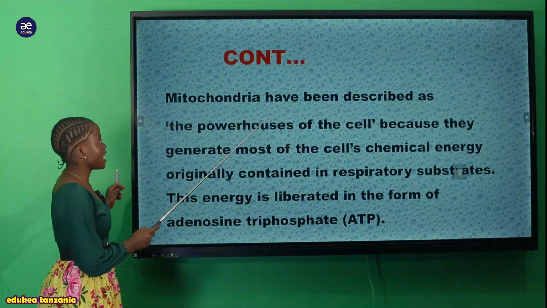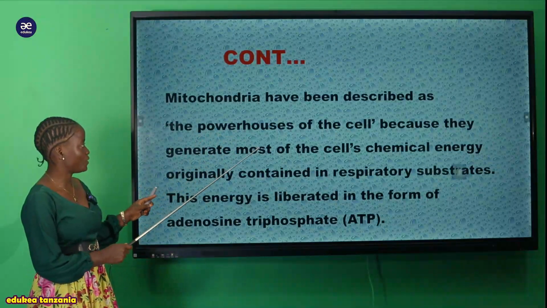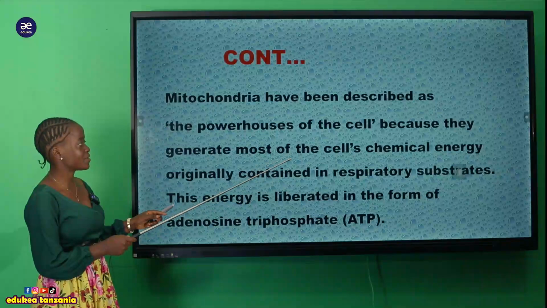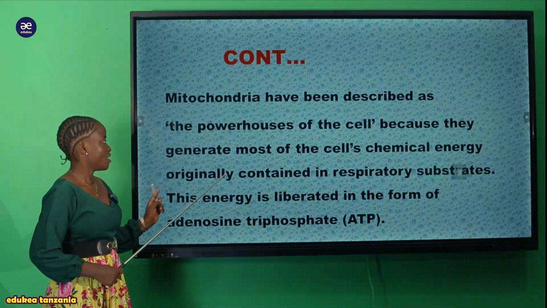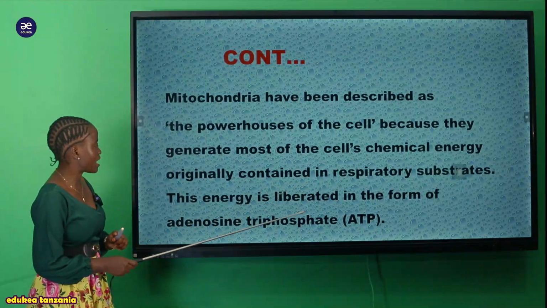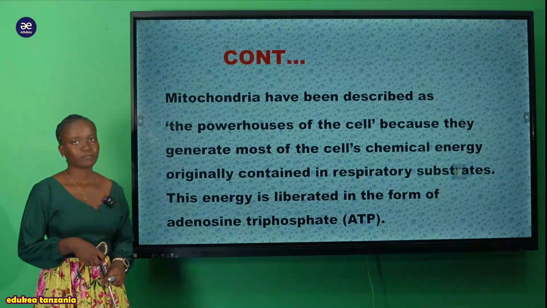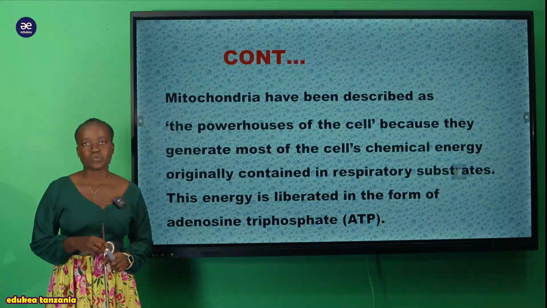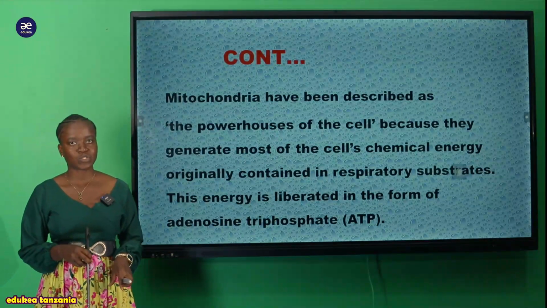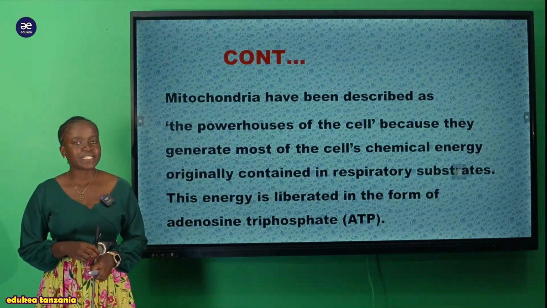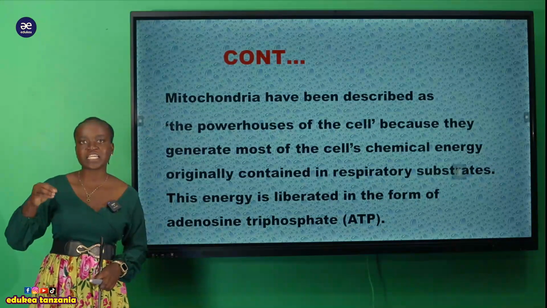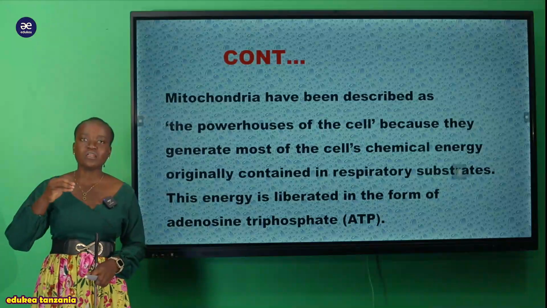So mitochondria have been described as the powerhouse of the cell because they generate most of the cell's chemical energy, originally contained in respiratory substrate. So mitochondria is termed as a powerhouse of a cell. Why is it termed as a powerhouse of a cell? Because it is responsible for generating energy which is used all over the cell.